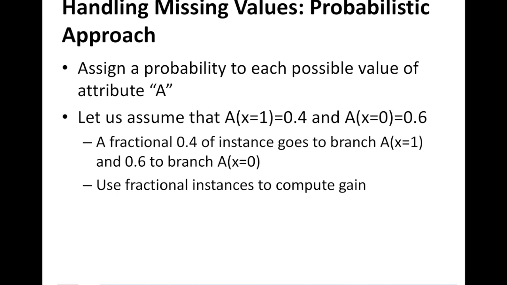Instead of assigning the most common value, you just retain that probability, and you keep it when you assign to the splits. So you will have 9 plus 9 by 10 high and 1 plus 1 by 10 normal.